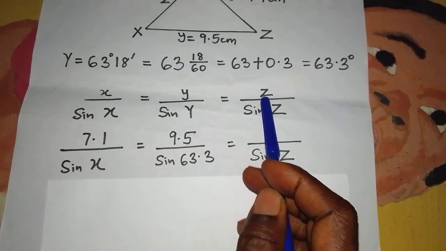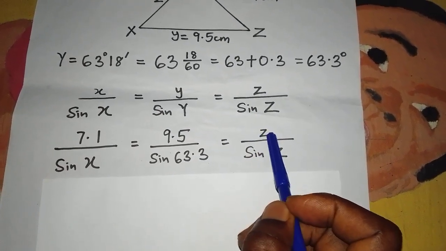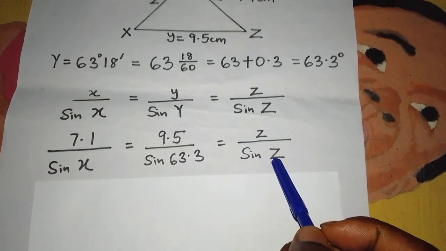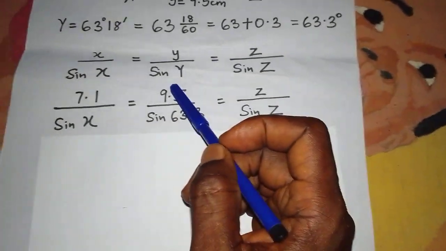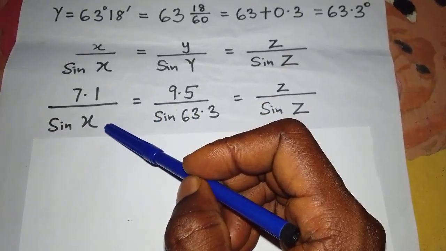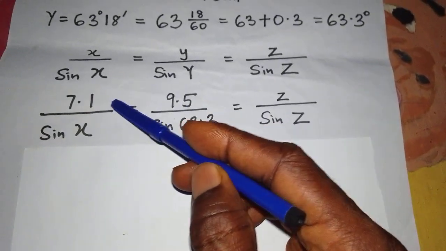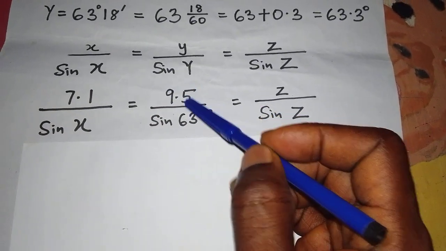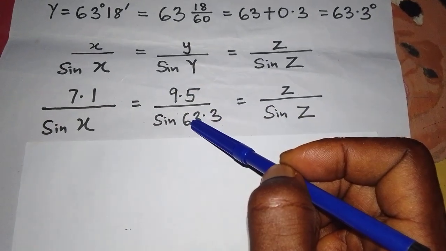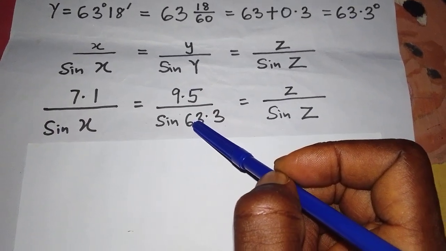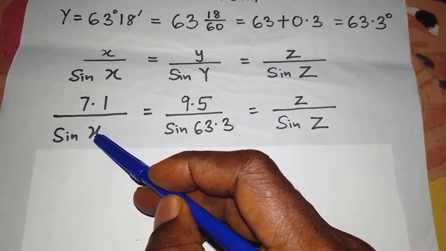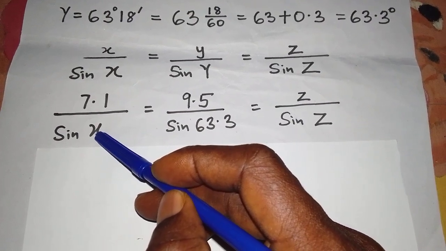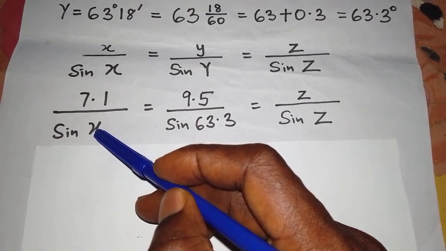Then that is equal to z, we don't know the small z, over the capital Z. So you realize that the first angle we can look for is angle x, because 9.5 over sine 63.3 is complete. Then for this one, you only have x not known, and you can only look for one unknown at a time.